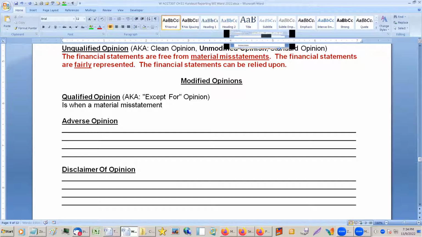Qualified opinion: when a material misstatement or uncertainty exists.